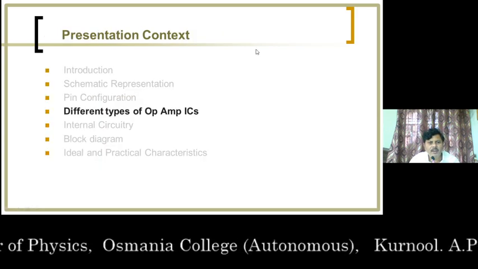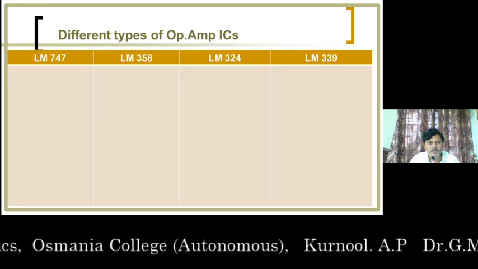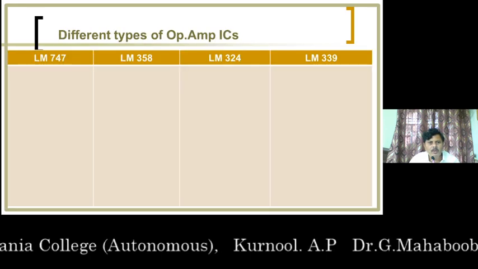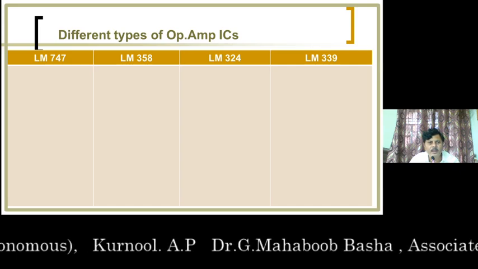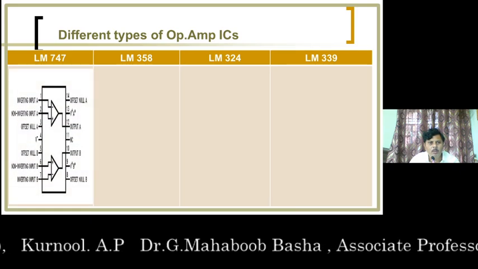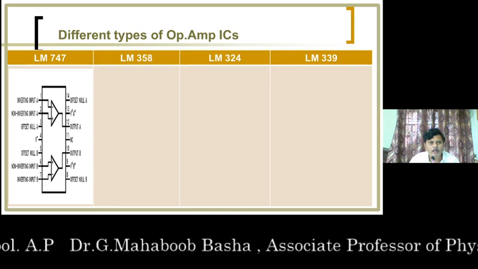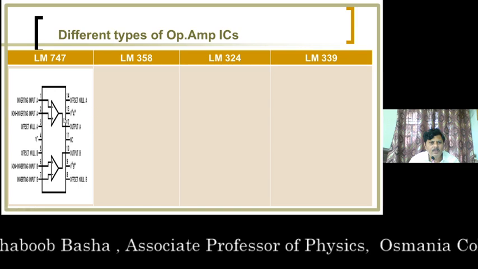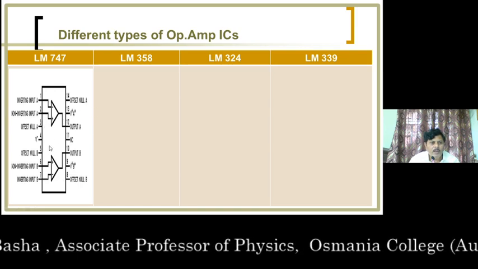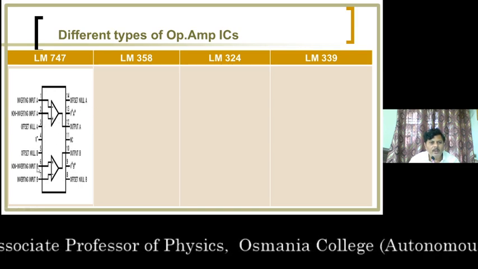Next we will see different types of op amp ICs. LM747, LM358, LM324, LM339 are different types of op amp ICs available in the market. Let us see LM747. LM747 is a 14-pin IC with 2 op amps available. Here we need not take a dual power supply.